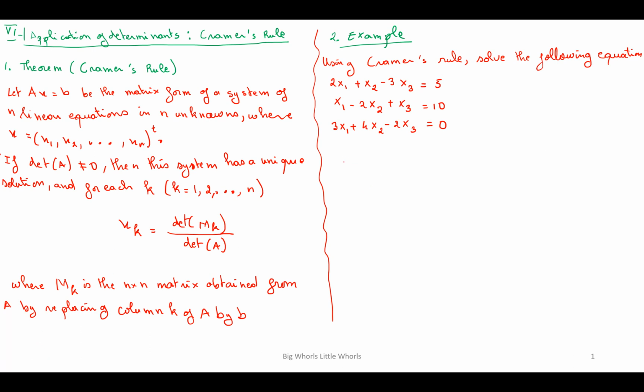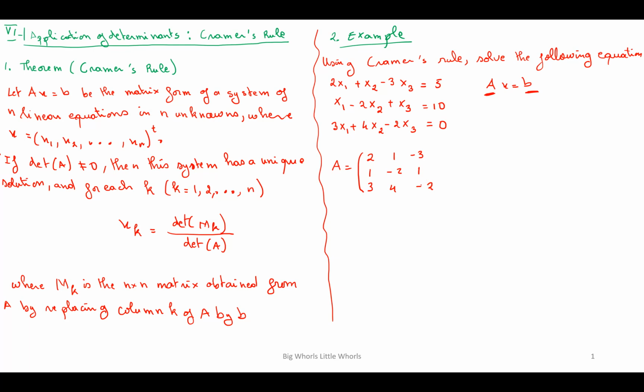First of all, let's get matrix A of this linear system. Basically the linear system is equivalent to AX equals B. So let's get A and B. A is the matrix formed by the coefficients of these unknowns, so we have 2, 1, minus 3; 1, minus 2, 1; and 3, 4, minus 2.